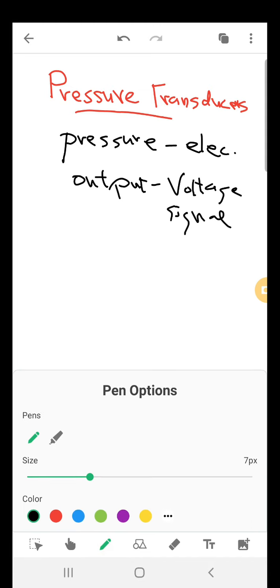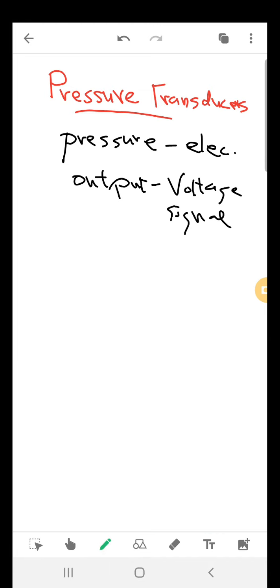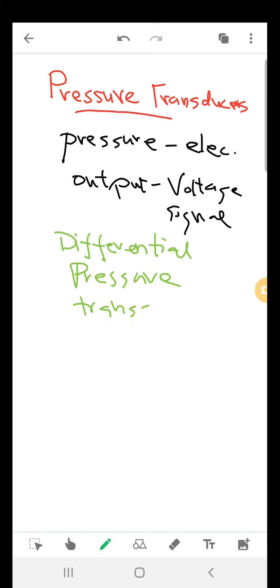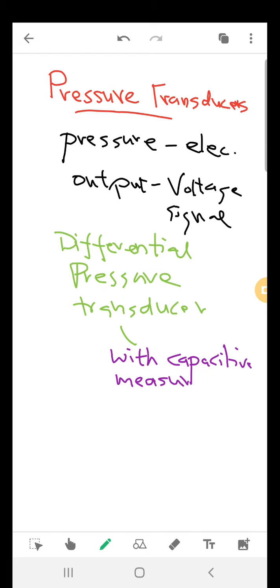So we take a case, we call it differential pressure transducer with capacitive measuring cell.